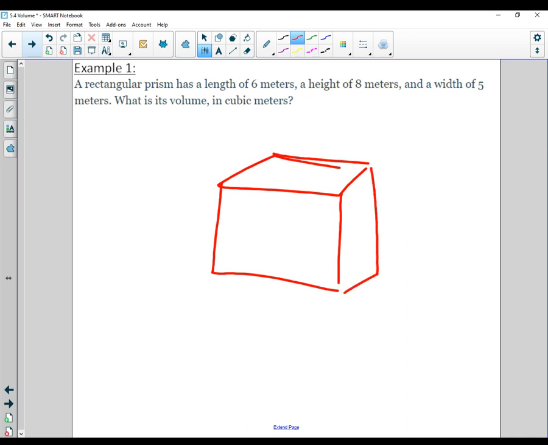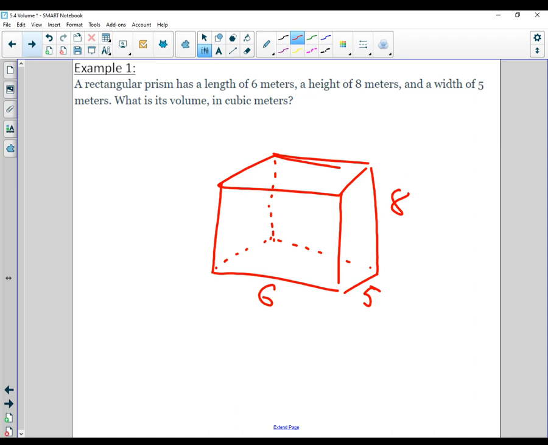It said height of 8, length of 6, and a width of 5, if it helps you think about the problem we're doing. I'm not the best at drawing.